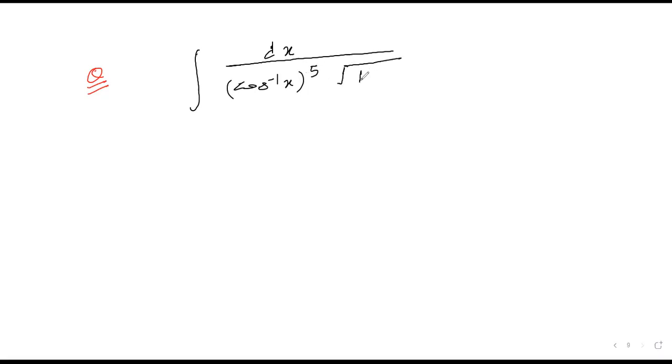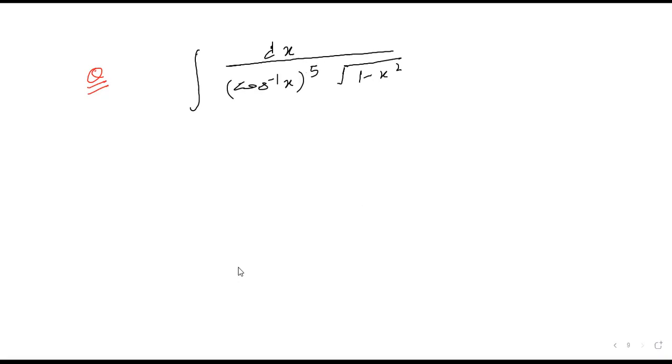Let's consider another problem. Integral dx upon (cos inverse x to the power 4) times square root of 1 minus x square.